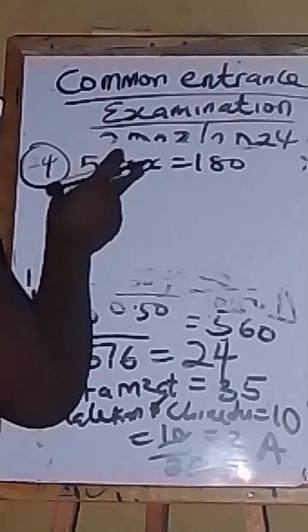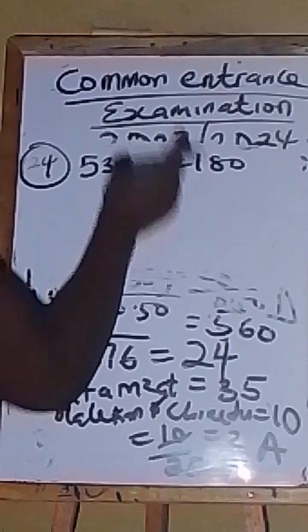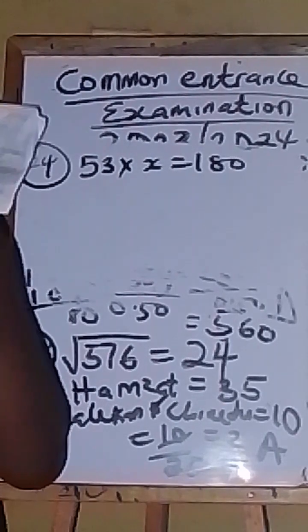If 3/5 of the number of pupils in a school is 180, what is the total number of pupils? X is representing the number in the school.